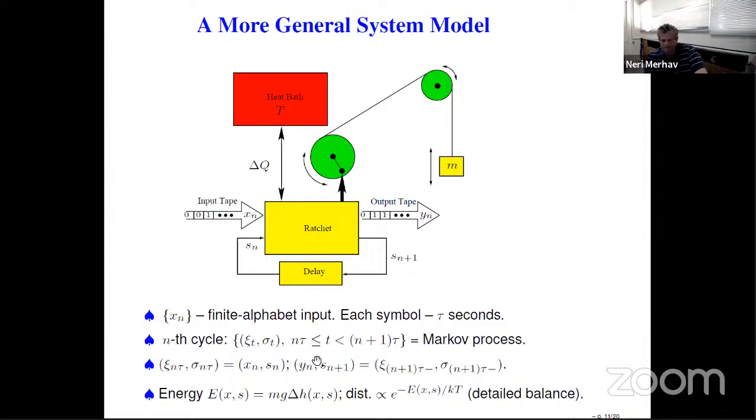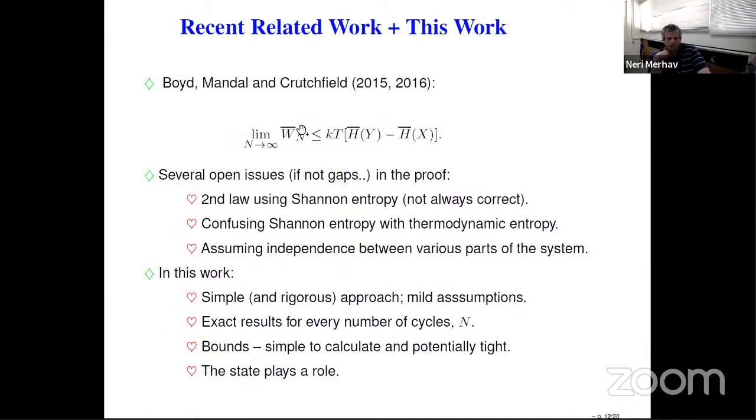And the process within each period of length tau is a Markov jump process with state transitions according to the energy level, assuming detailed balance. So for this model, Boyd, Mandal, and Crutchfield have argued that the asymptotic normalized work, the work divided by N, where N is the number of cycles, is proportional to the entropy rate.